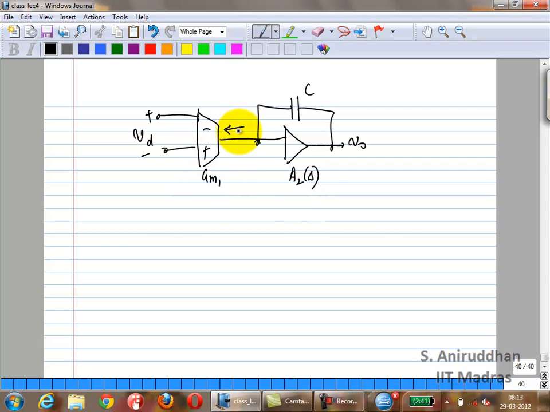What is the current drawn here? GM1 times VD. Okay. What is the voltage here?